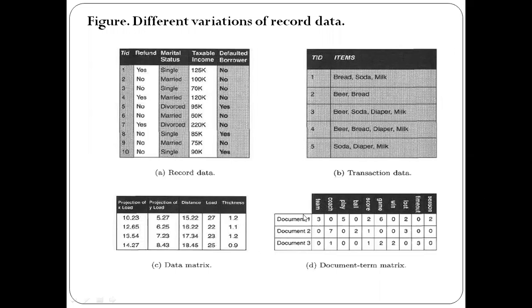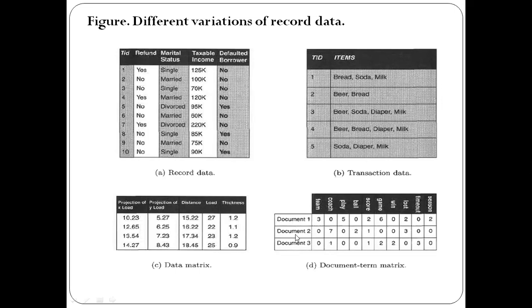In this we have three documents. In the document term matrix, we represent the data in the form of a vector, and each value corresponds to how many times a word appears in the document. For example, team appears 3 times in document 1, coach appears 0 times, and play appears 5 times.